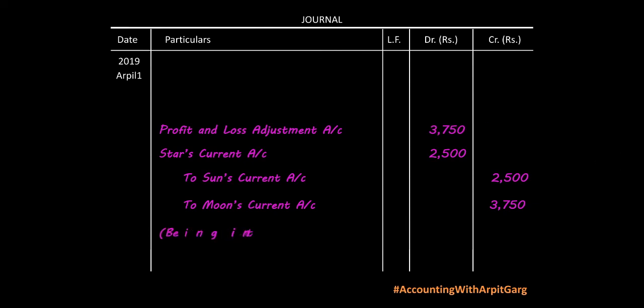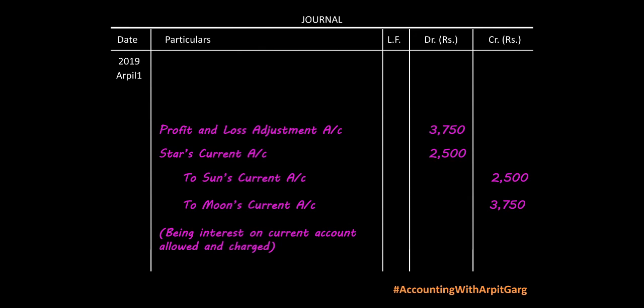Then narration: being interest on current account allowed and charged. We are giving interest on current account, so we will credit, but as Star's current account has a debit balance, we will take. So when we give the amount, the partner's current account is credited, and when we take an amount from the partner, their current account is debited.